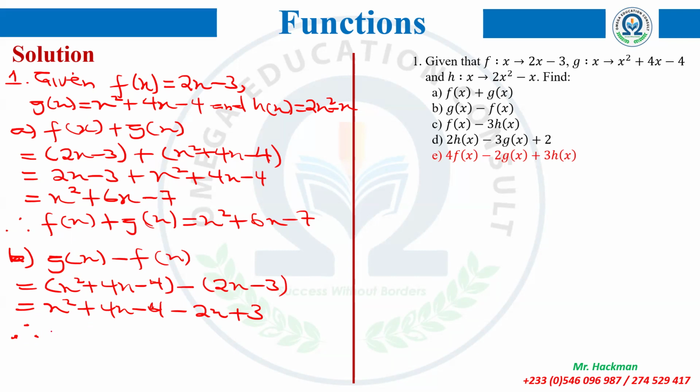So therefore my g of x minus f of x will be equal to x squared, I'm combining only one term in x squared. I have 2 terms in x, so 4x minus 2x will give me plus 2x. I have 2 constant terms, minus 4 plus 3 is minus 1. I'm done. Is my point well made?